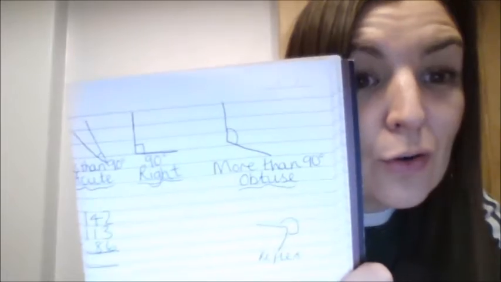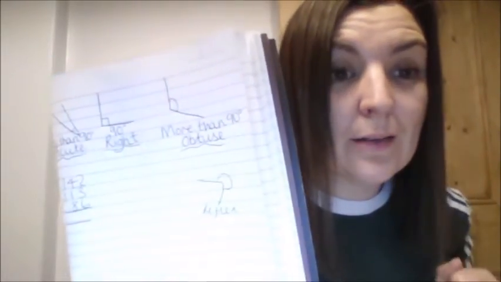That one there is a reflex angle, bigger than 180, which is a straight line. So in your first little section, you've just got to say what the name of each of these angles is.